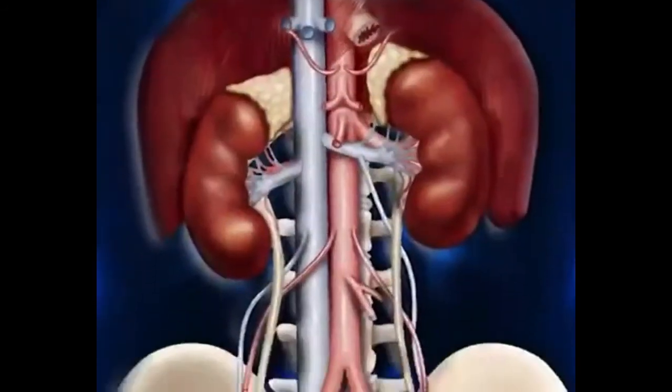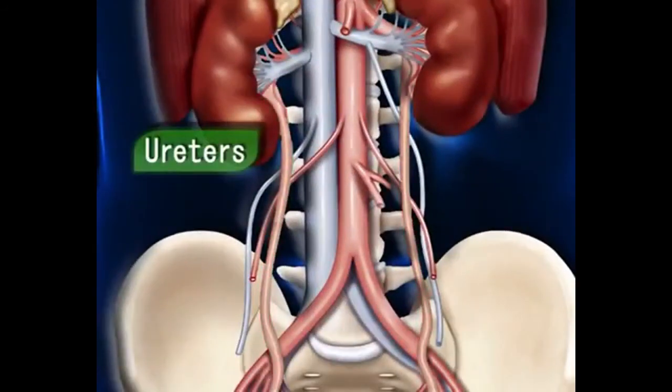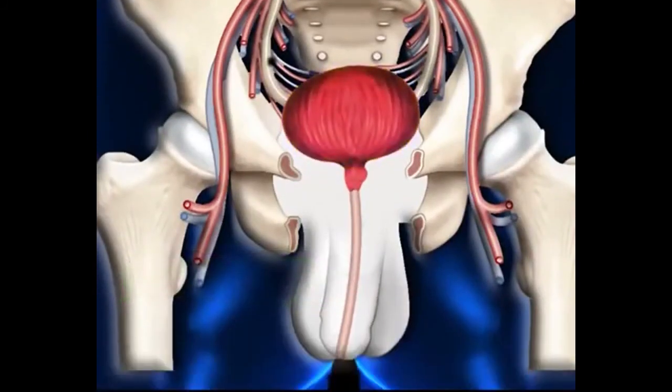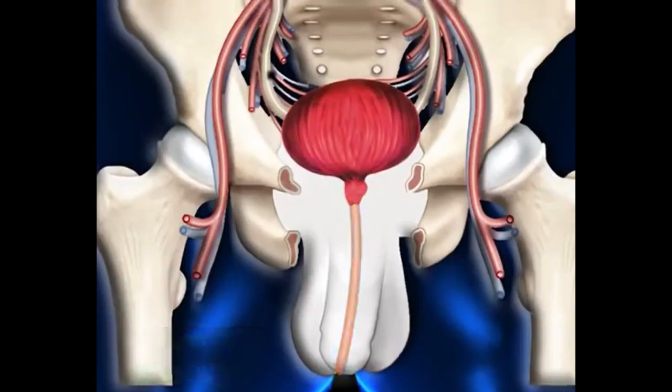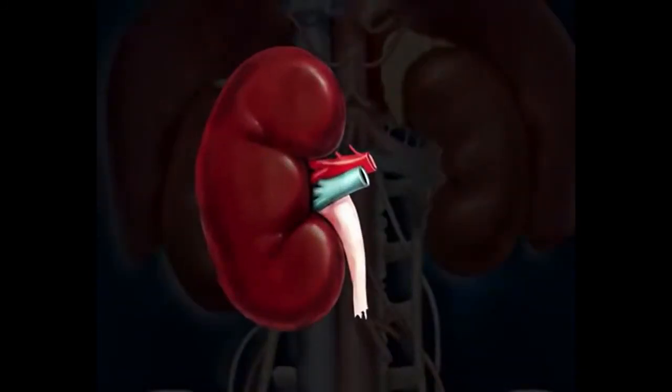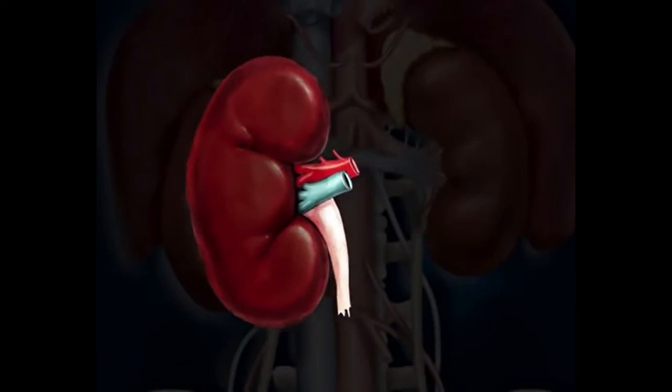The other components of this system are the ureters, urinary bladder, and the urethra.